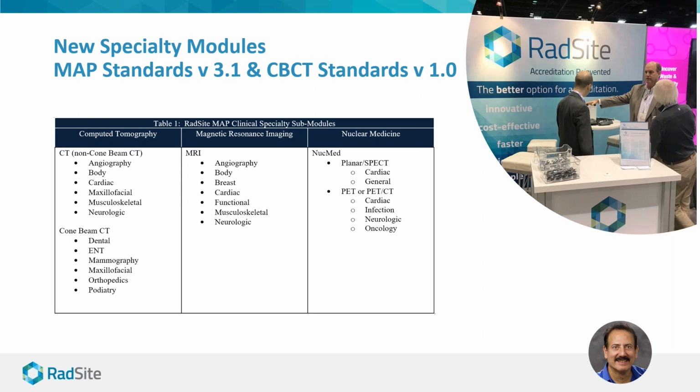And so this was done for non-ConeBeam CT and MRI and nuclear medicine, as you can see in the chart, but importantly and most pertinent to this discussion, for ConeBeam CT as well.